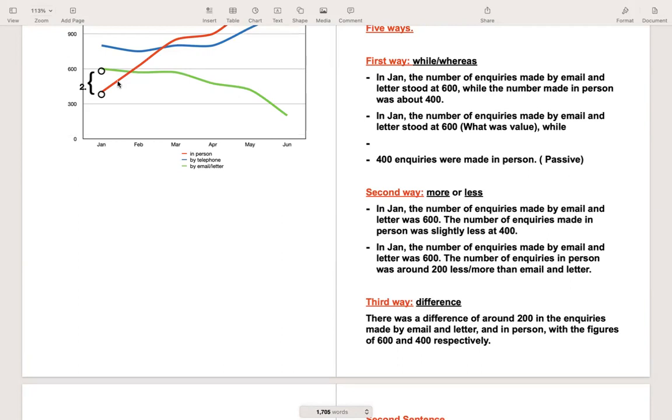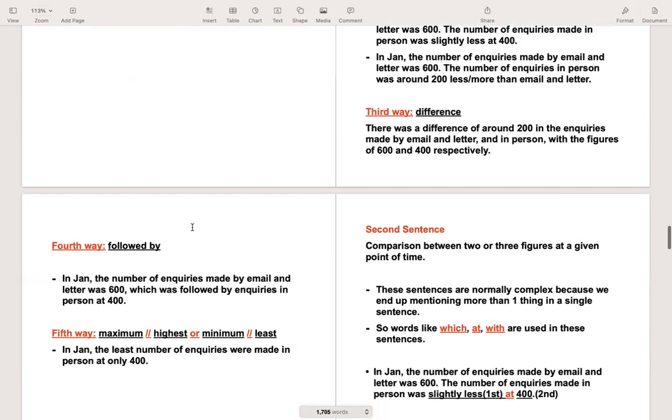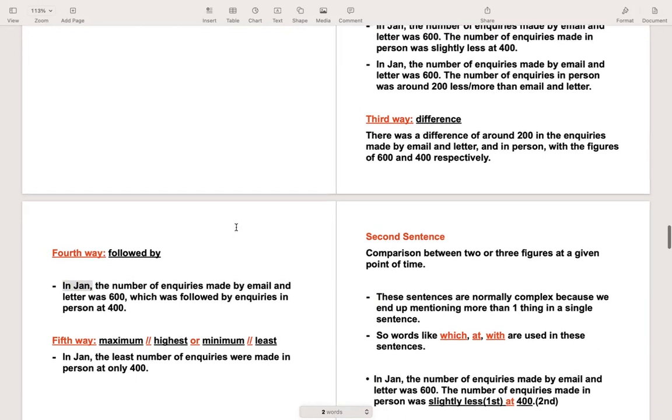So this follow doesn't show the time or time sequence. You wrote, which was followed by inquiries in person at 400. This follow doesn't show the time sequence.